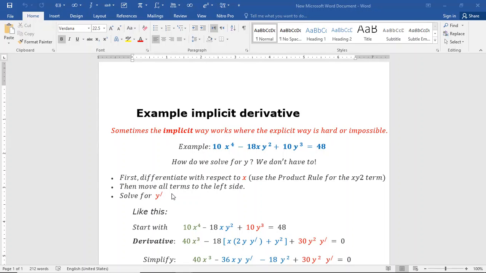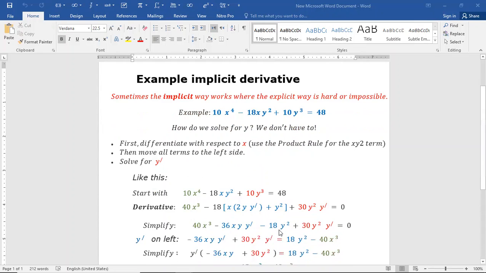If you have y prime, we move it to the left side. If you don't have y prime, to the right side. Like this example, let us find the derivative of this one. You have all on the left hand side, and the example equals 48.